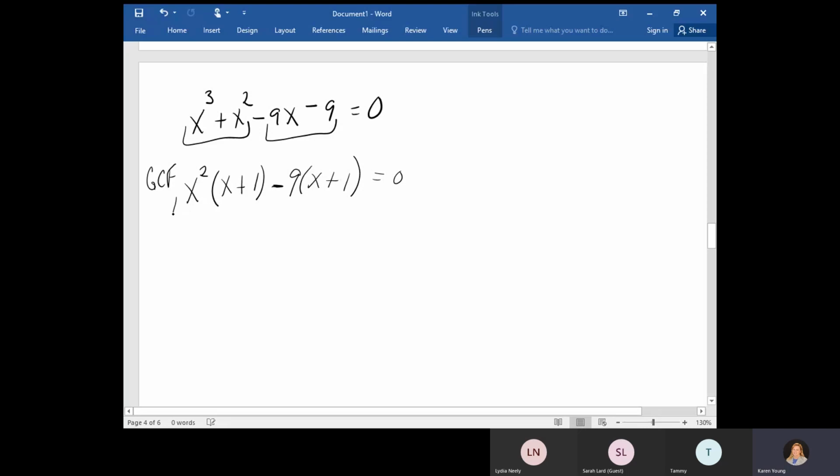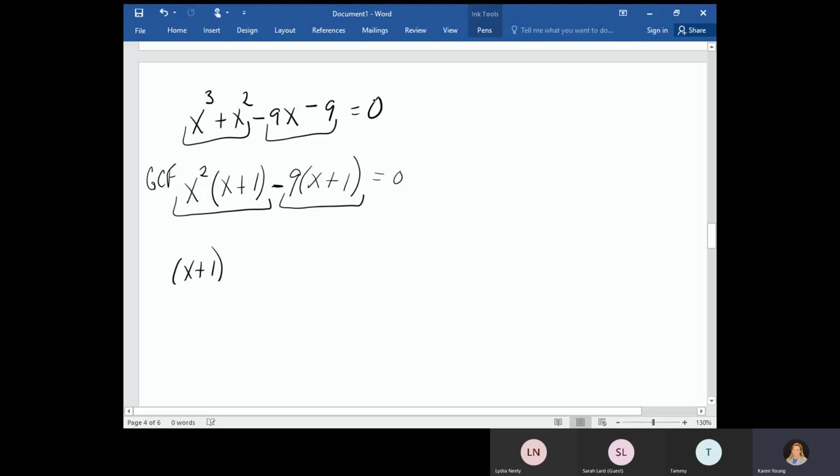Okay. So now this x squared times the x plus 1 becomes one term. The -9 times the x plus 1 becomes a second term. So out of those two terms, my binomial is the same. So I can factor out an x plus 1.